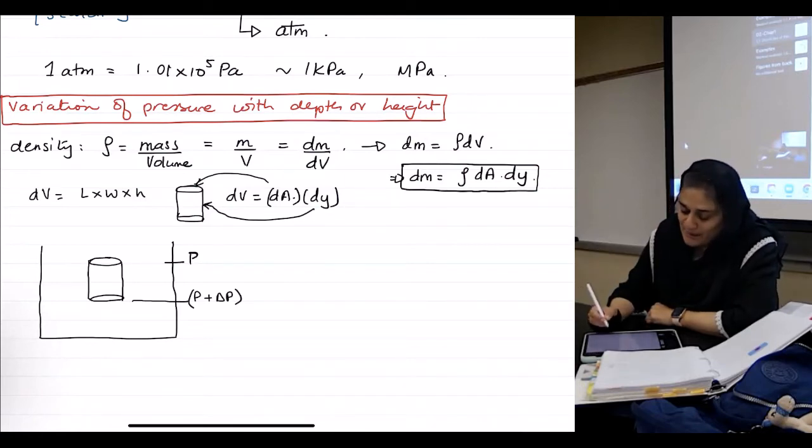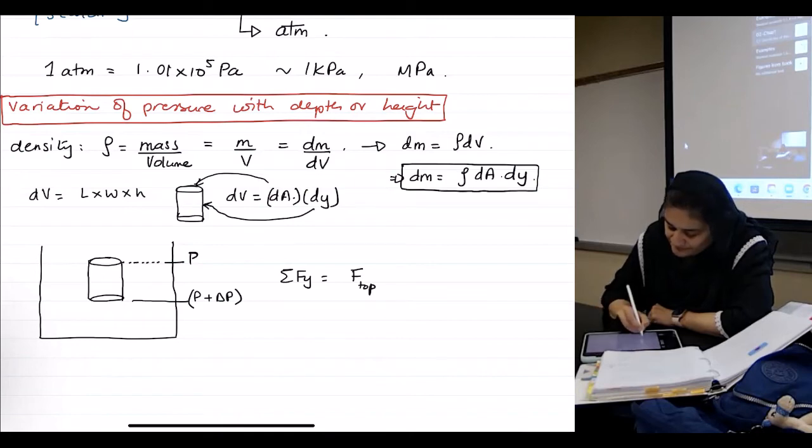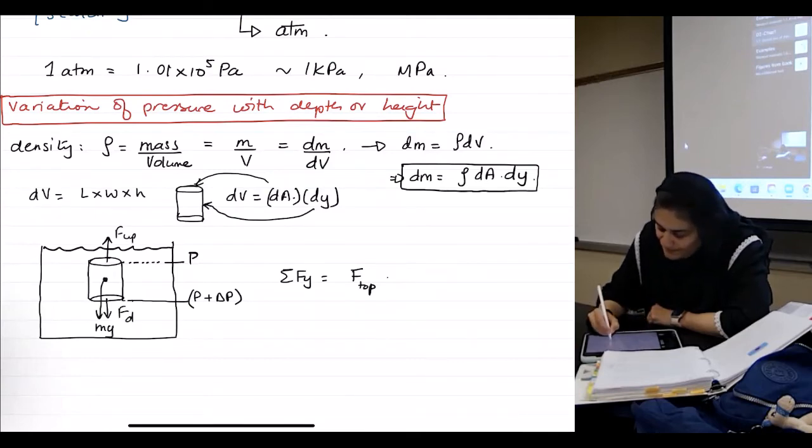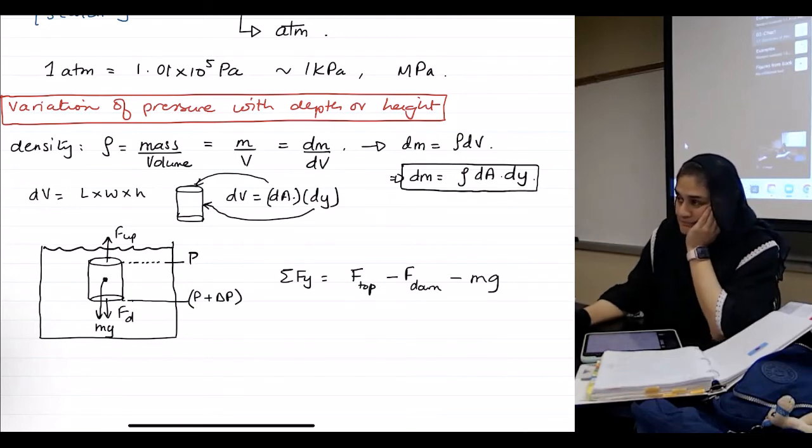So then may I write sigma Fy as the pressure that's on the top plate? This is all in water. This is going to go up. This is going to go down. And mg will also point down. And this is down, this is up, minus F down minus mg. That's from intro. Can I write that?